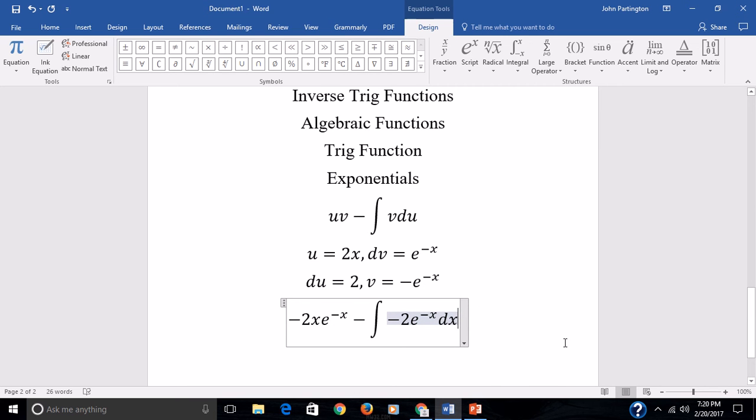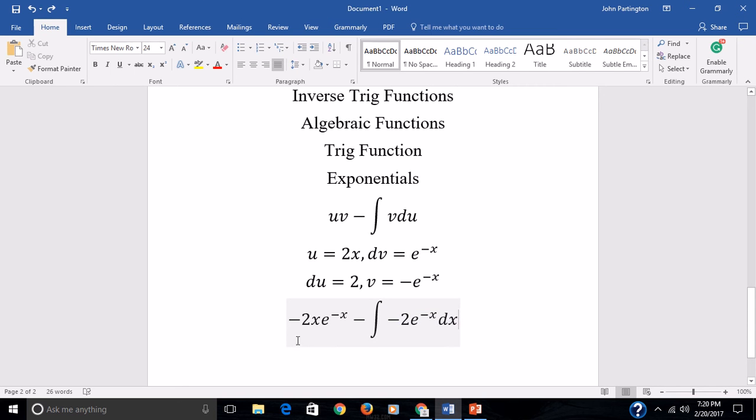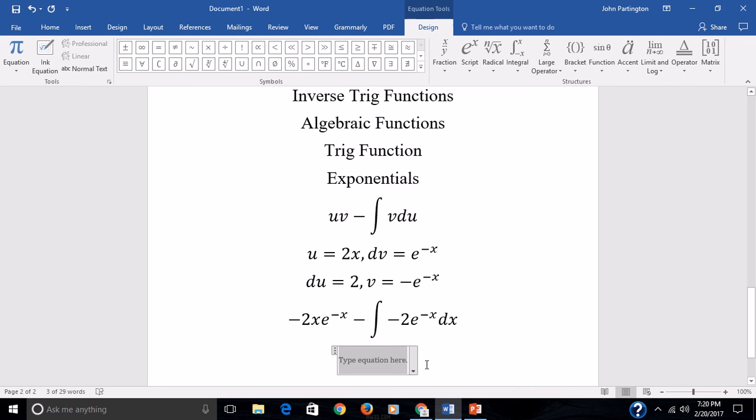Now we can evaluate this a little bit better. We already have our negative 2x e to the negative x. Now we're going to evaluate this integral right here. When we take the derivative of e to the negative x, it's going to be a negative 1.